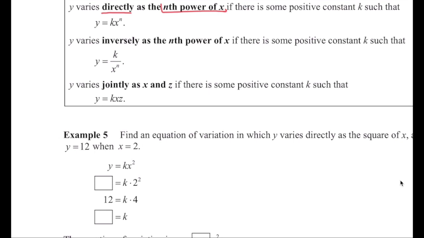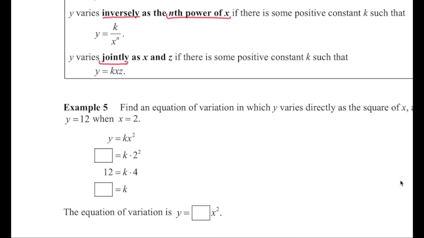We can also vary inversely with a power of x, or y is varying jointly. So jointly means that we're going to multiply it by 2 other items, or 3 other items, or 4 other items, with our constant.